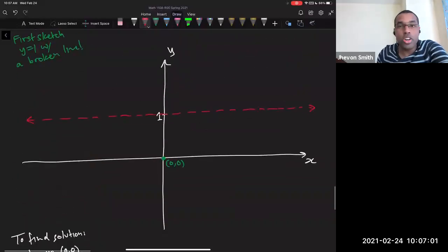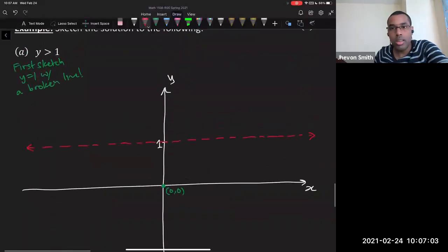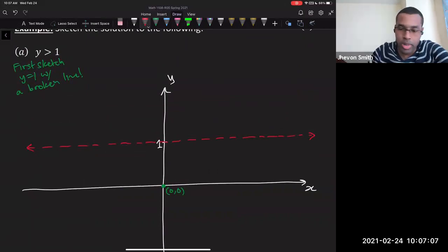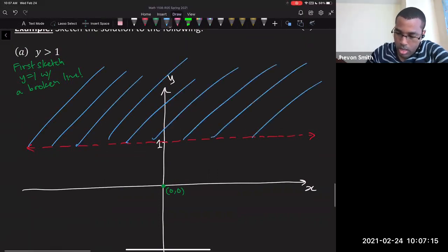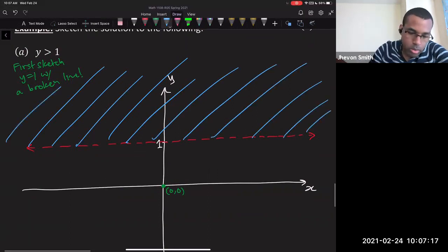So that means the origin is not in the solution set, which means I should be shading the other half plane. So it turns out my solution is up here. It's above the line.